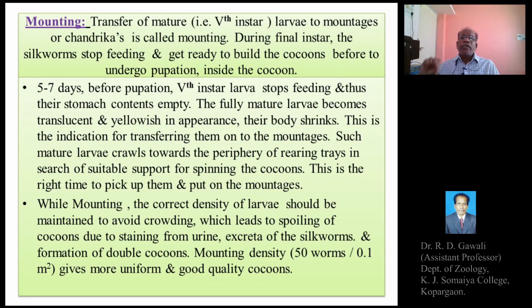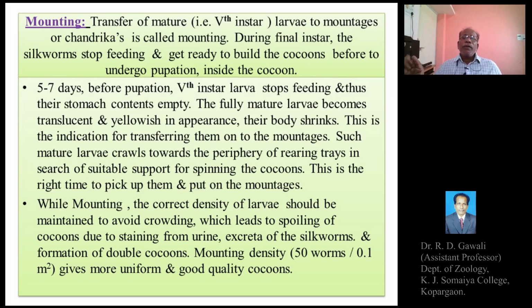The body shows shrinking or formation of wrinkles on the surface of the skin, and this is the indication to transfer them onto the mountages. Such mature larvae crawl towards the periphery of the rearing trays in search of a suitable support or site for spinning the cocoons, and this is the right time to pick them up and transfer them onto the mountages.